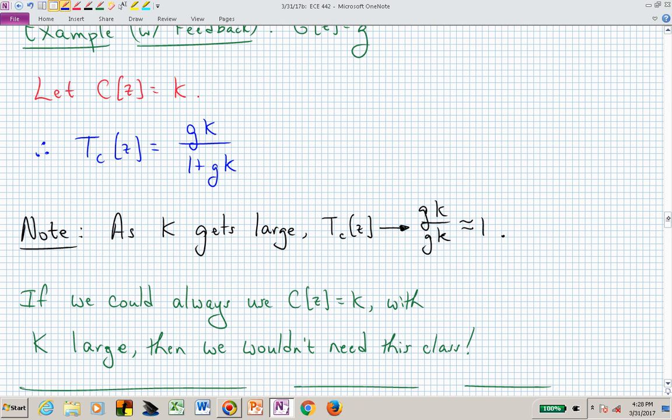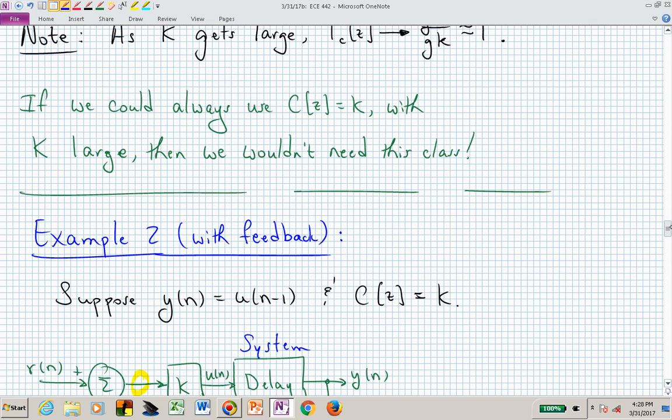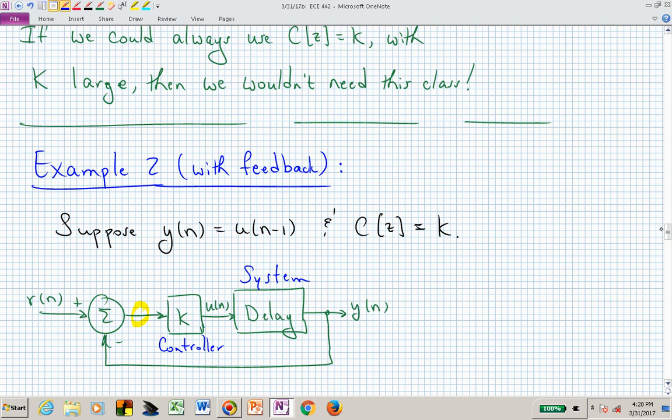Let's look at another example with feedback, and now suppose that we have a dynamical system. Suppose that we have a system that is just represented by a 1 sample period delay. Suppose that the output y will simply be the input 1 time step before the present time. So y is now u at n minus 1.